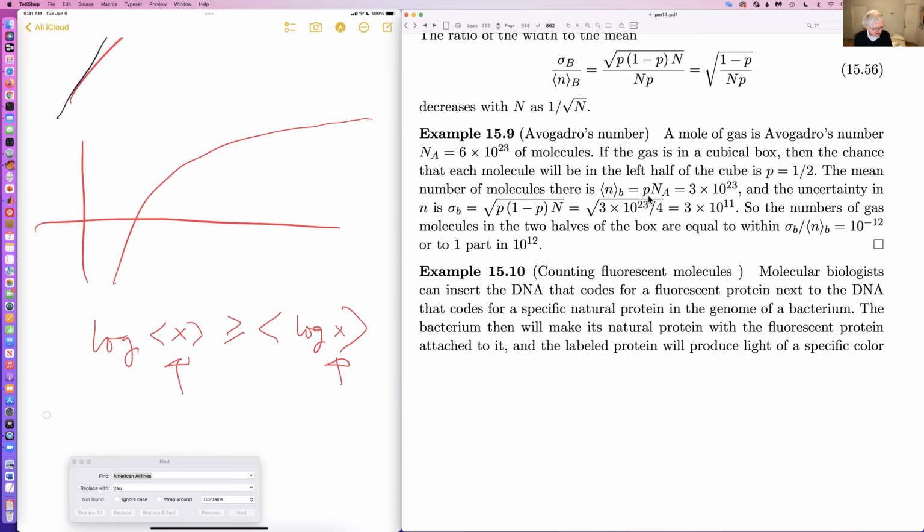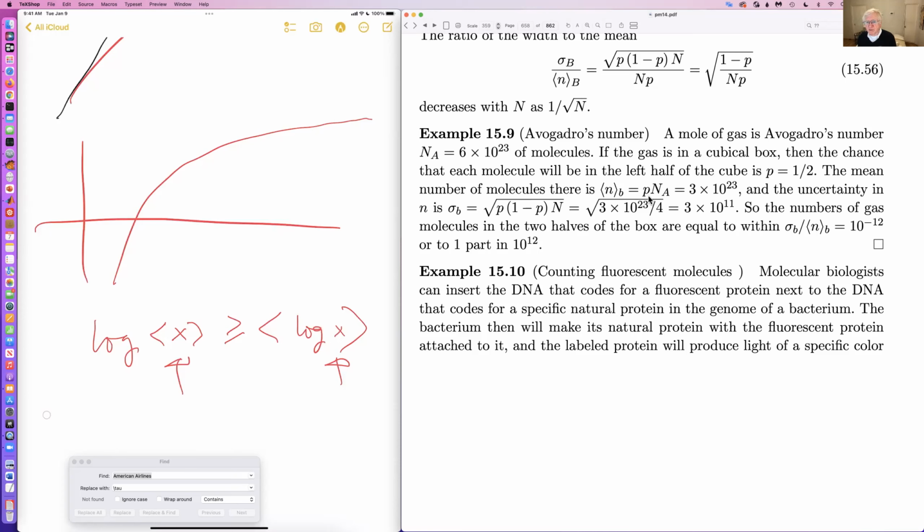For those who haven't taken chemistry in a long time, a mole of gas is, for example, roughly: oxygen has atomic number 16, and molecular oxygen then has molecular number 32. So roughly 32 grams of oxygen have Avogadro's number of molecules, which roughly is 6 times 10 to the 23rd.